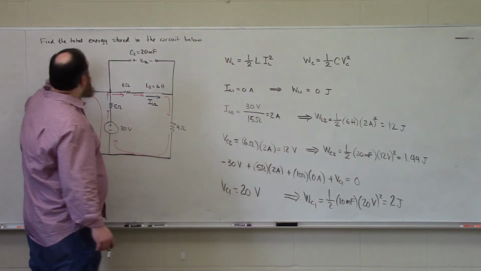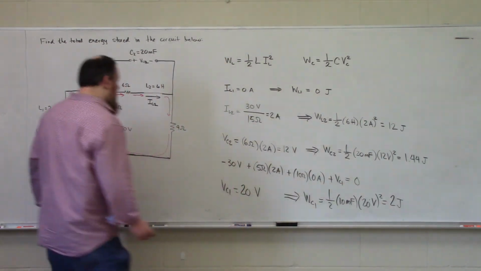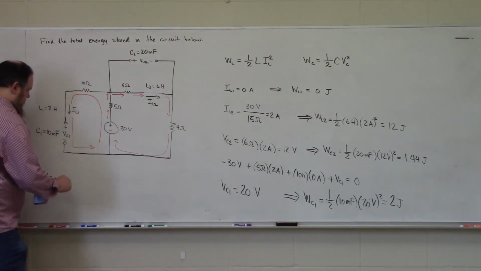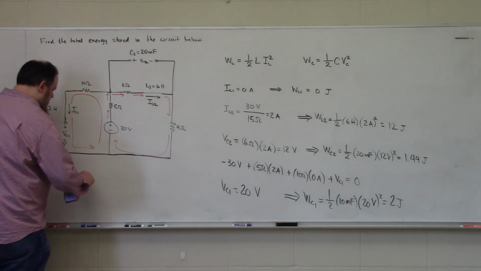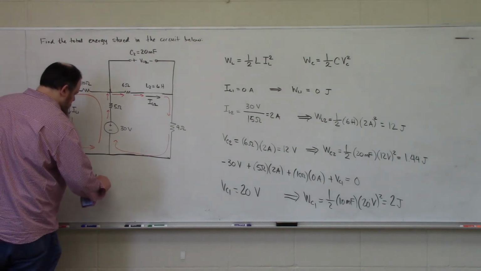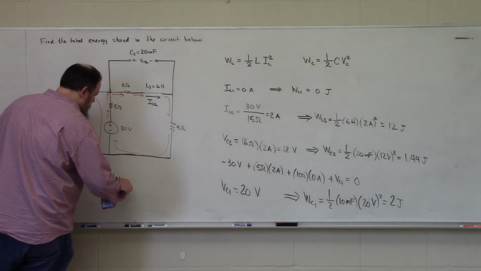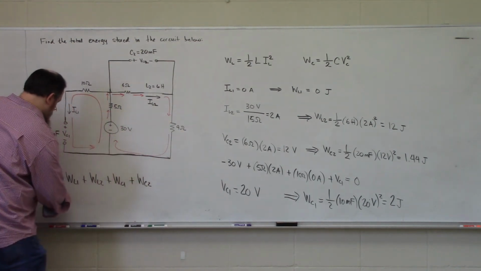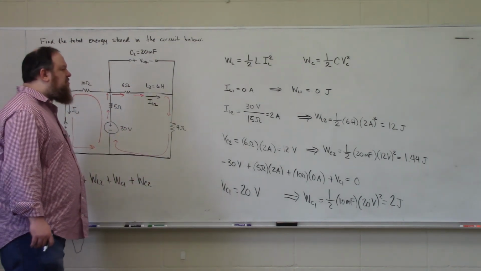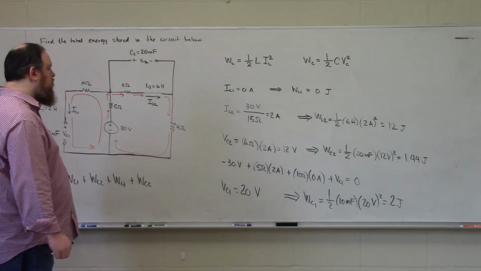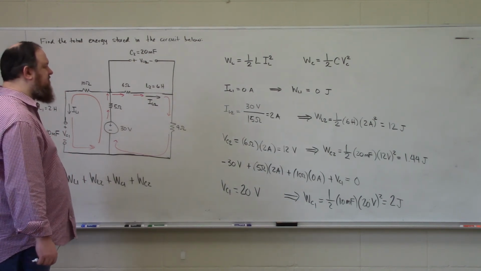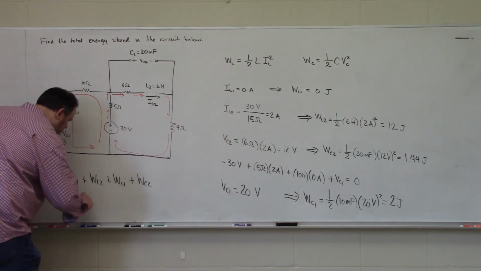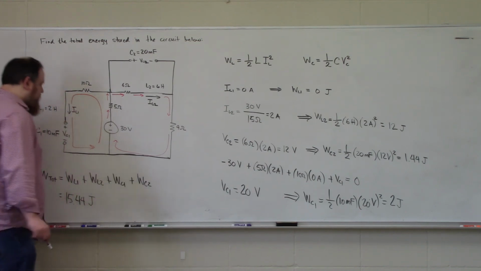Lastly, because I want the total energy stored, W total is the energy stored by the inductor L1 plus the energy stored by the inductor L2 plus the energy stored by capacitor C1 plus the energy stored by capacitor C2, which is 0 plus 12 plus 1.44 plus 2, which looks like, let's see, 12 plus 2 is 14 plus 1.44, 15.44 joules.